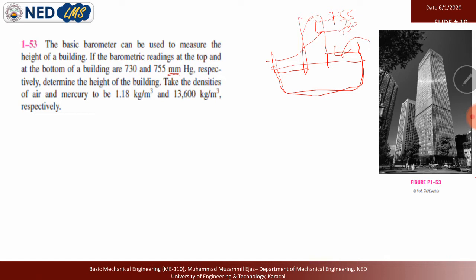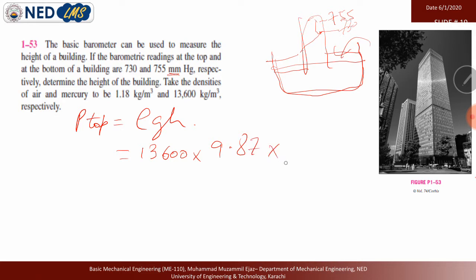Now first we will calculate the pressure at the top, P top, by the simple formula rho g h. The density is 13,600 multiplied by 9.8 multiplied by 0.730.